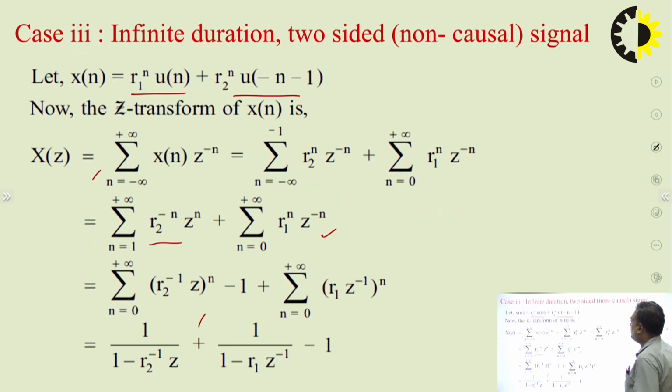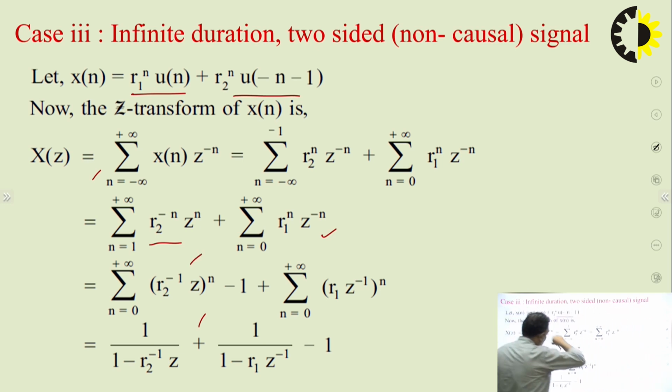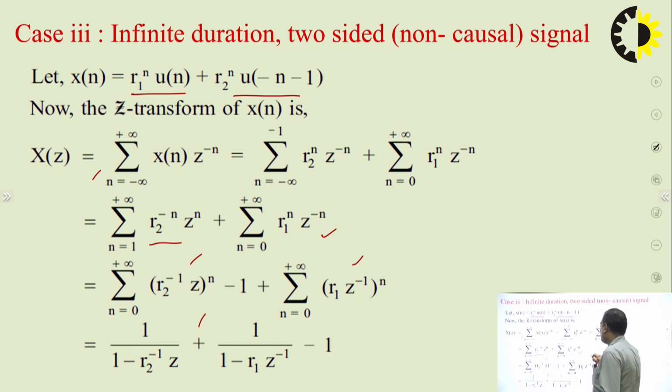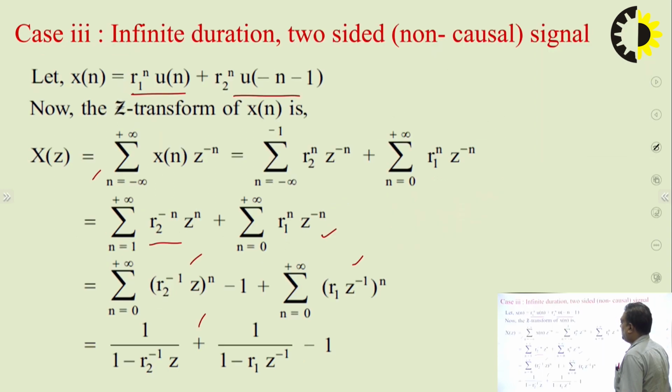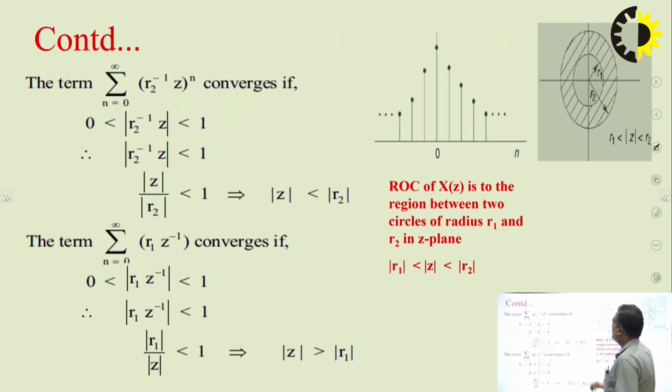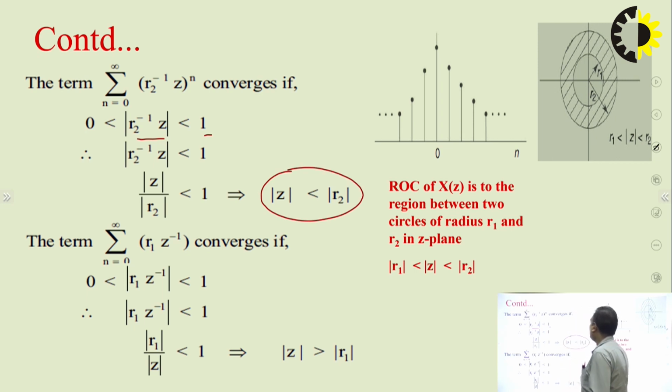For the convergence of this term, again this term should be less than 1, and for convergence again this term should be less than 1. First of all, this R2 inverse z to the power n converges if R2 inverse z is less than 1. This is the condition we have already seen. So from here we get the condition mod z is less than mod of R2.